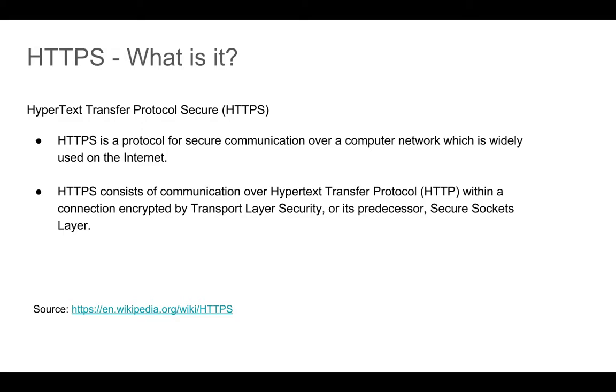It's a secure way. There are several different ways to say the acronym: Hypertext Transfer Protocol Secure. I've heard over TLS for secure, and then I've heard over SSL. It all means the same thing. It's basically just HTTPS, a secure protocol over the internet.